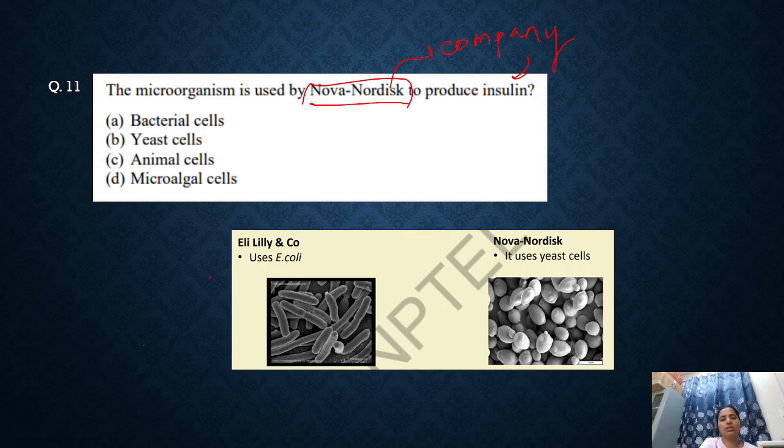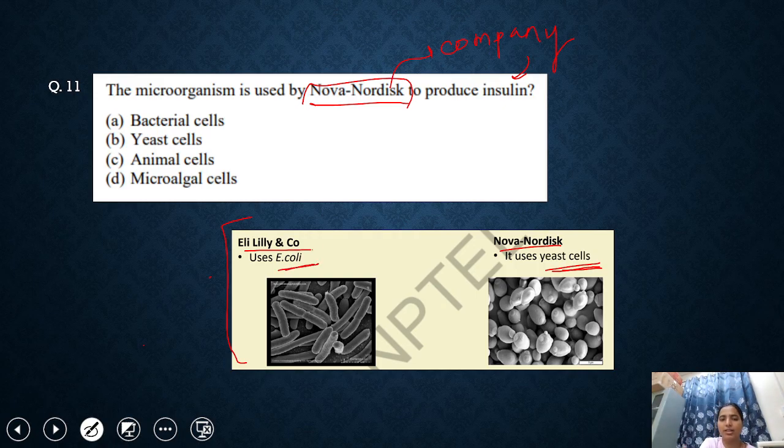From this you can see Novo Nordisk uses yeast cells for insulin production, and Eli Lilly, another company, uses E. coli, and this is the first company that started insulin production. These two are the major companies that produce insulin.